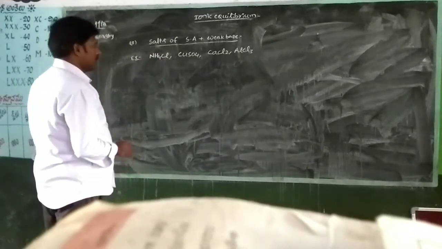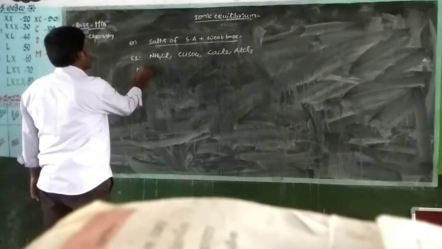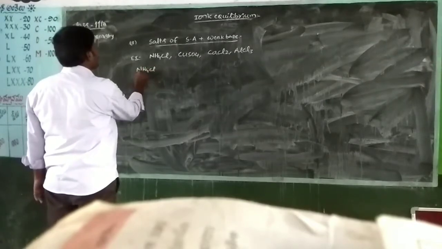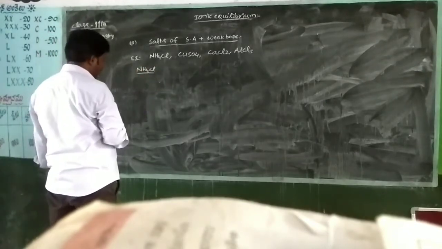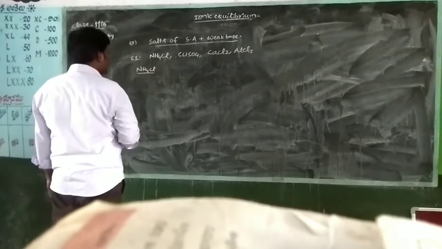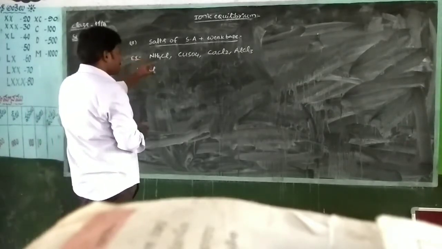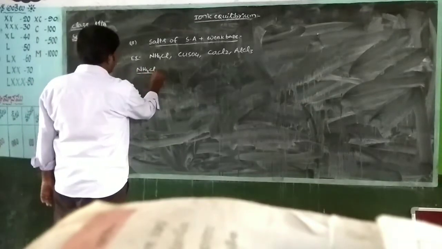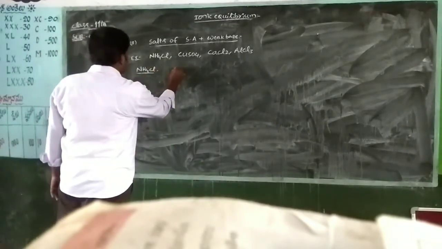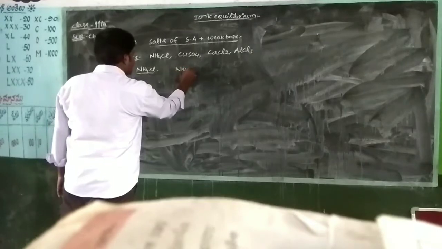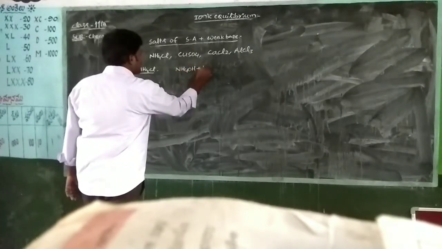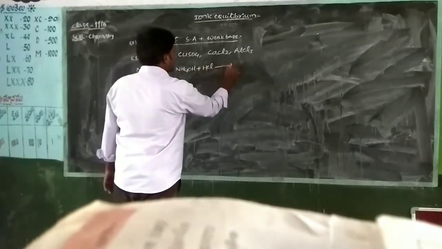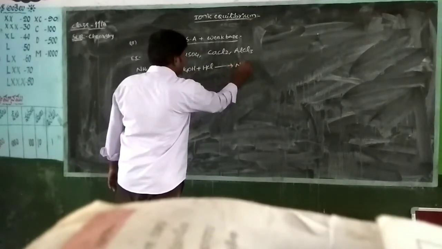One example I will say that NH4Cl. How to prepare the ammonium chloride? NH4Cl means salts of strong acid and weak base. Suppose how to prepare NH4Cl? NH4OH is a weak base plus HCl to get the NH4Cl.